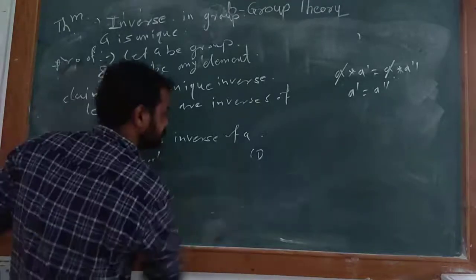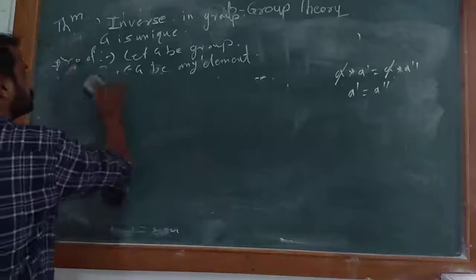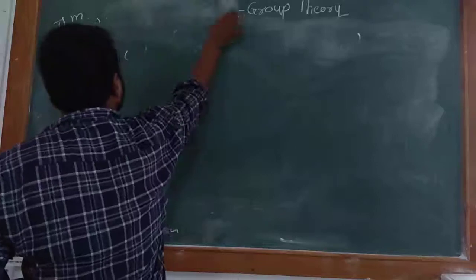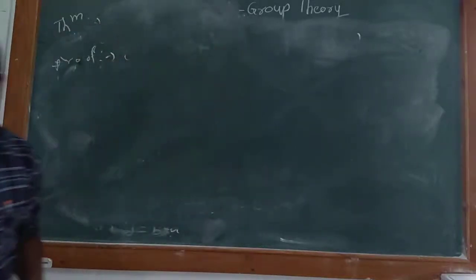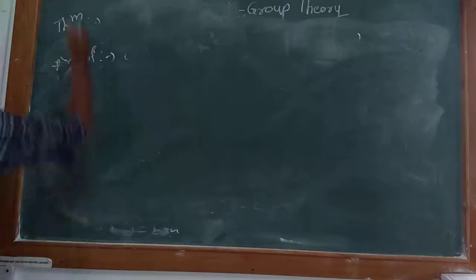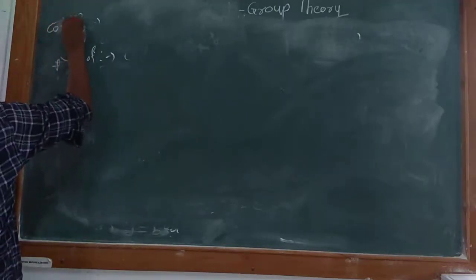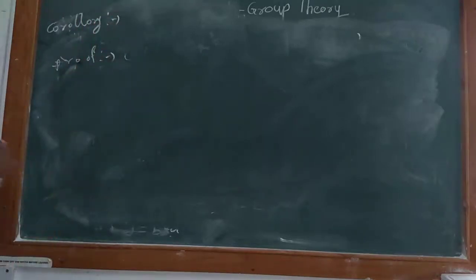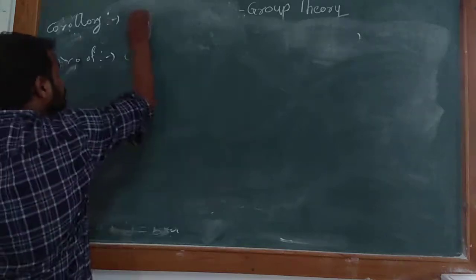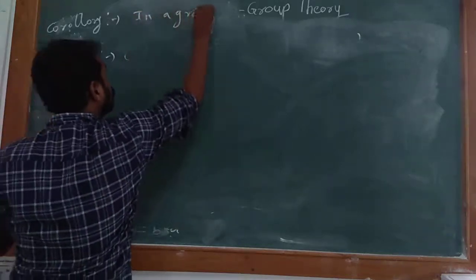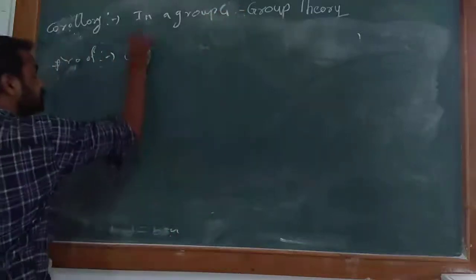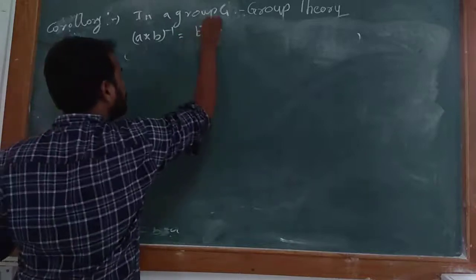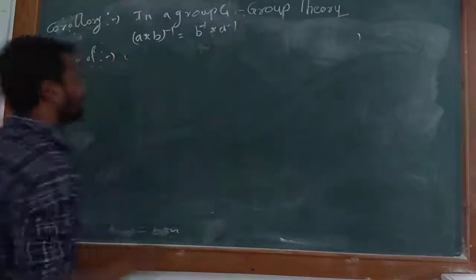Next, corollary. In a group G, A star B inverse is equal to B inverse star A inverse.